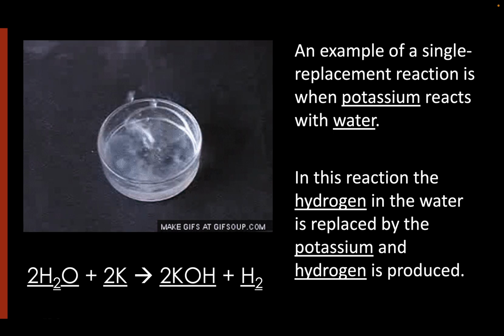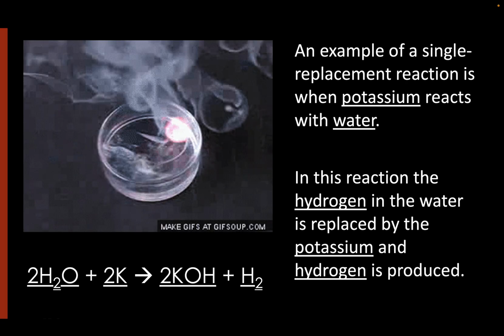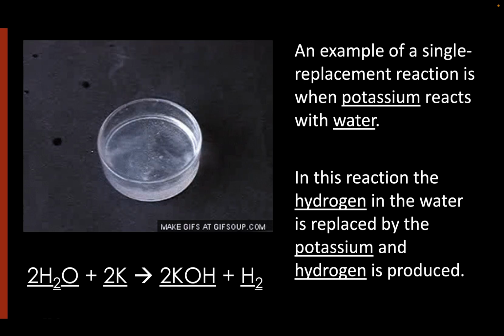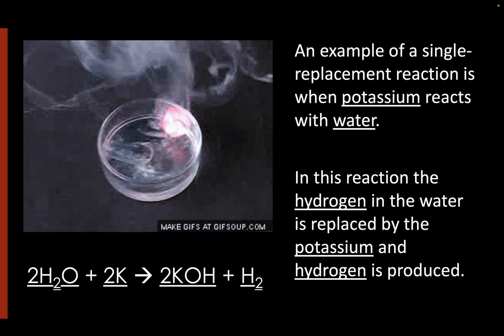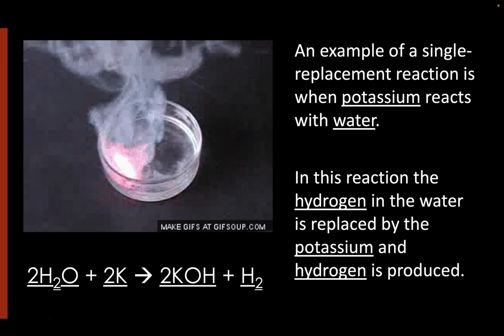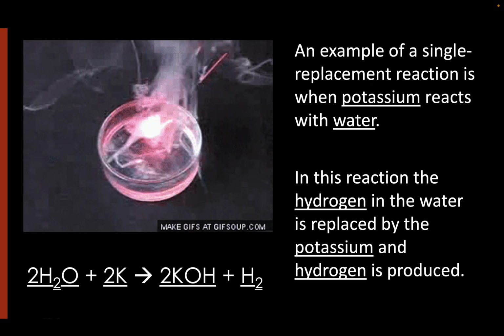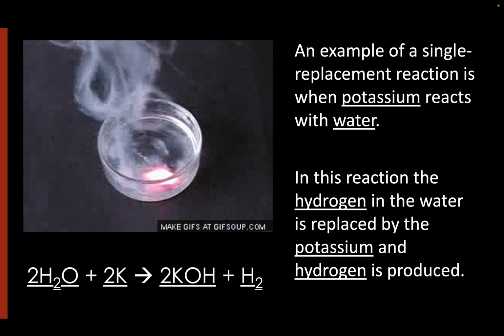One example of a single replacement reaction is when potassium reacts with water. So you have water, H2O, and then if you look, one of the H's, not all of the hydrogen, but just one of them, you originally have H2O, and then you're going to end up with 2KOH.